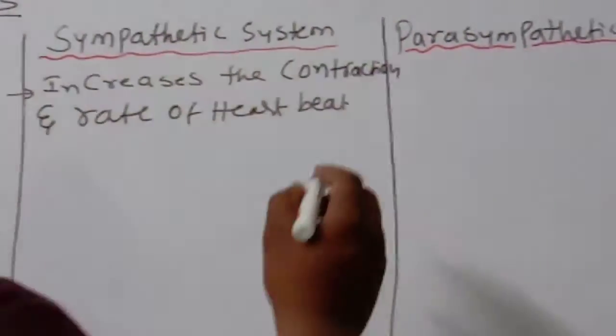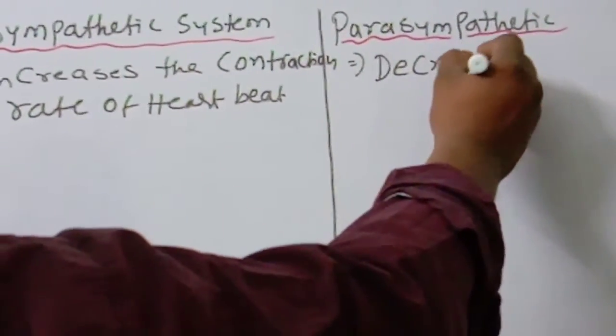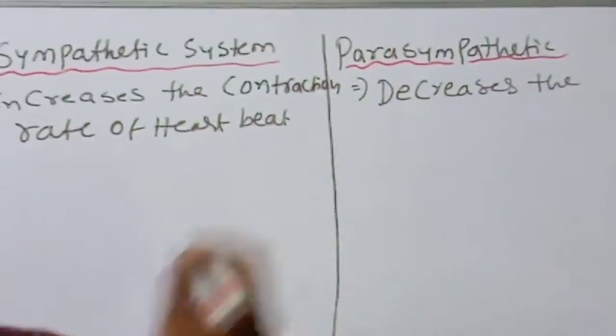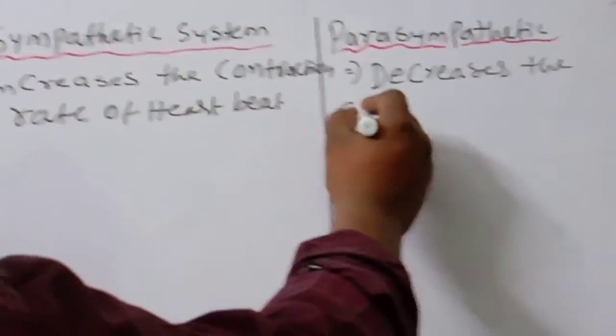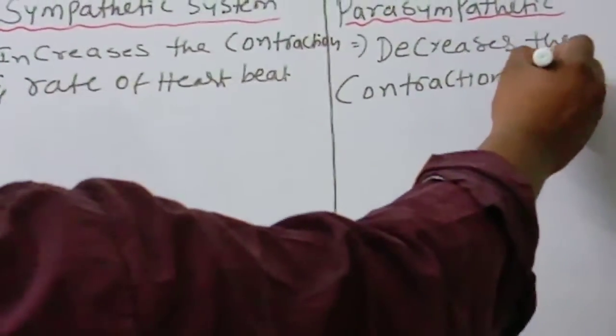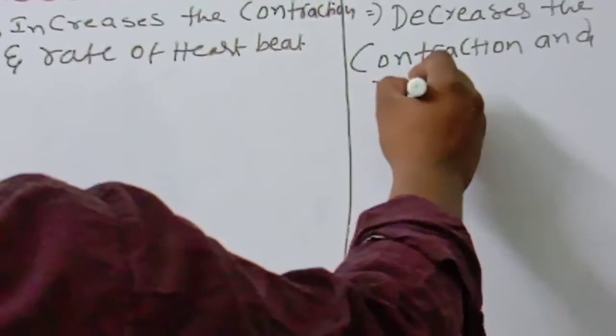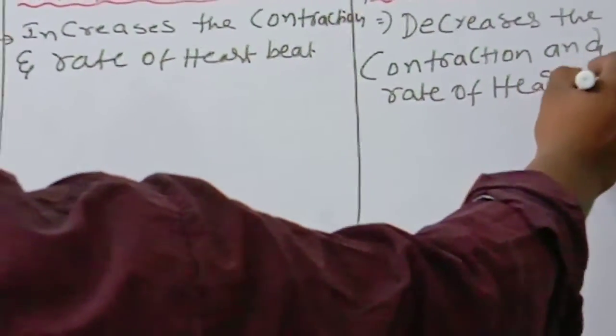Parasympathetic, what will it do? It decreases, very important, the contraction and rate of the heartbeat. This point you should remember.